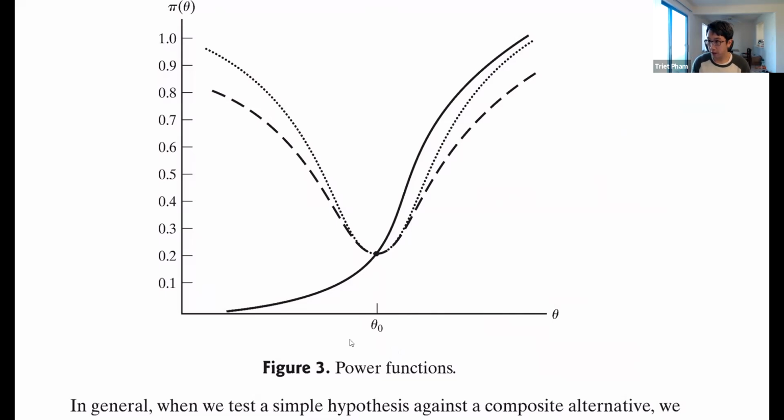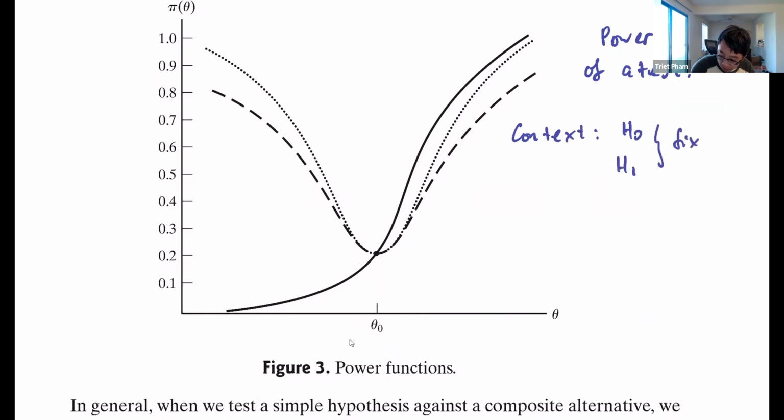So after you define beta, maybe let me backtrack. You can define a power function of a test. And by the way, let me clarify what a test means here. The context is that you have the null and you have the alternative.